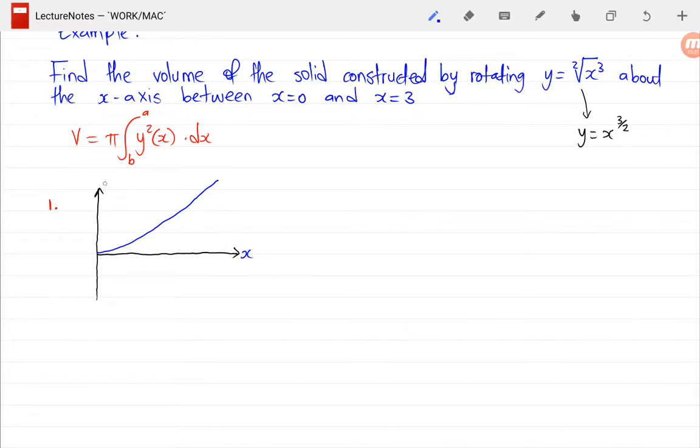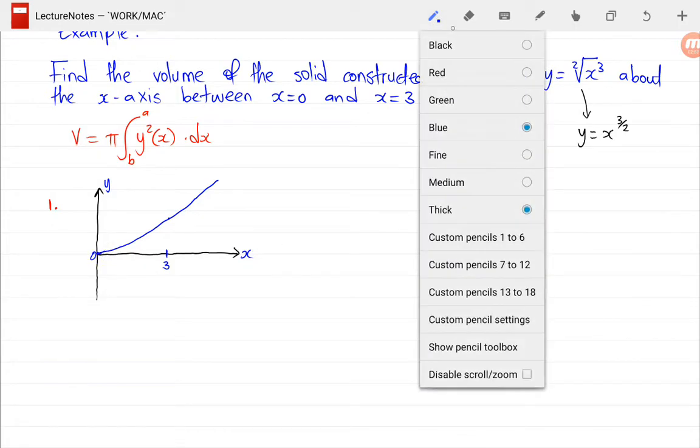That's our x-axis, that's our y-axis. We have to construct a solid between x equals 0 and x equals 3, so I'm going to put x equals 3 there. That's going to be our 3, and that's obviously our 0. It should start at 0, sorry about that.